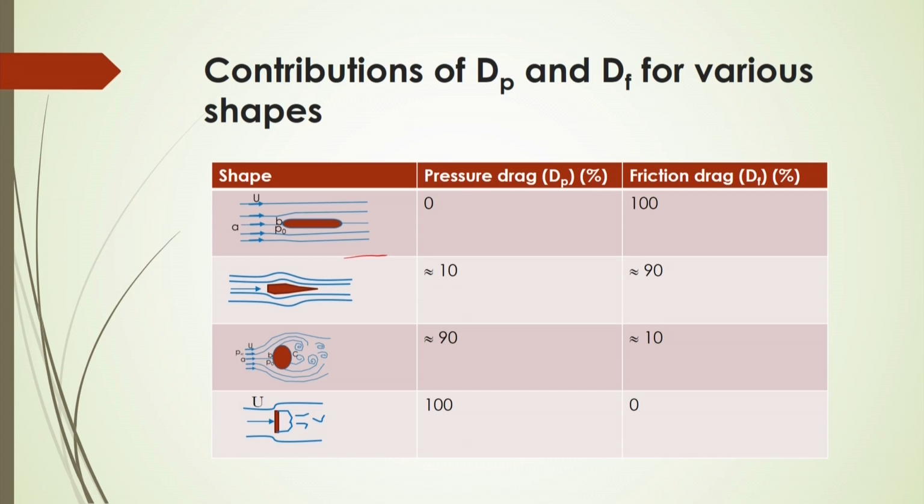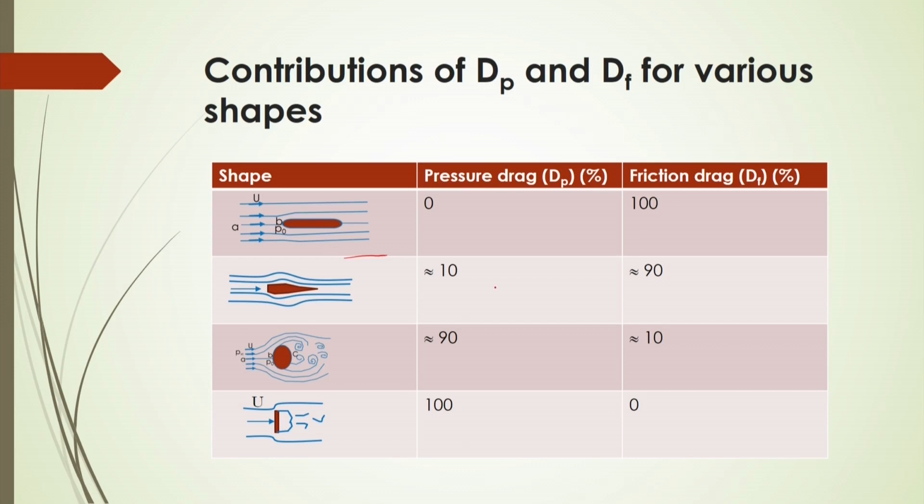It depends on how these objects are oriented to the fluid flow. If the object is lying horizontally and we place it vertically instead, then the friction drag will be less, whereas the pressure drag will be higher.